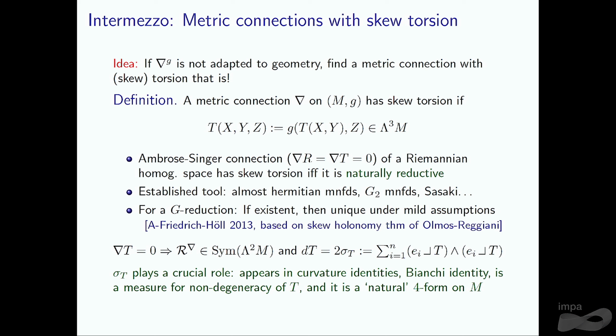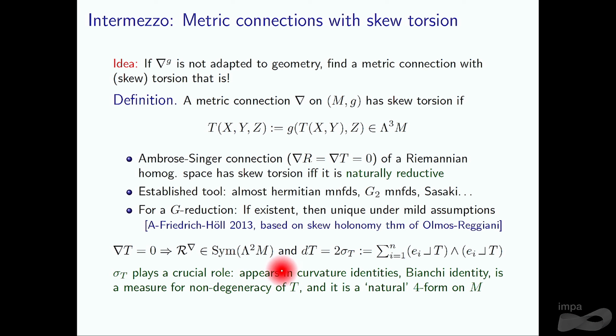Okay, and whenever I have a connection with parallel torsion, I get for free certain objects. In particular, if the torsion is parallel, then the curvature operator of that metric connection with torsion is indeed a symmetric operator on two forms.